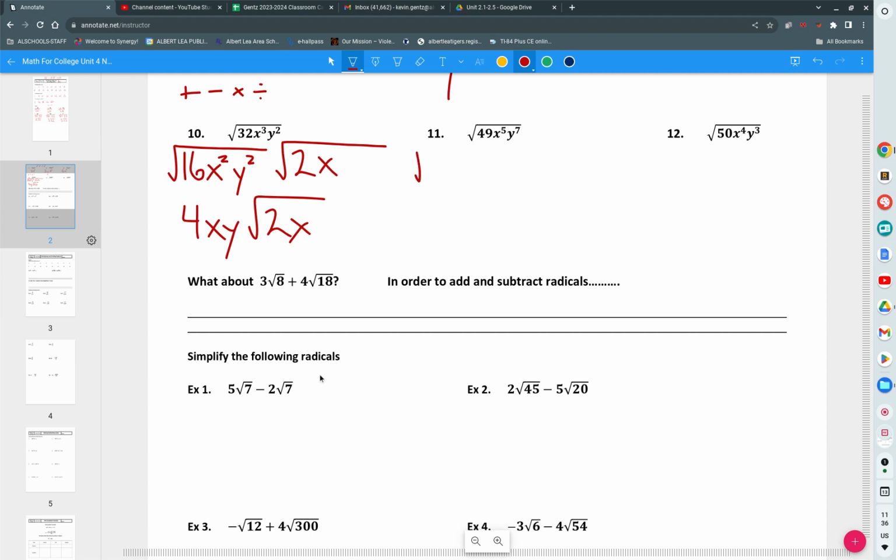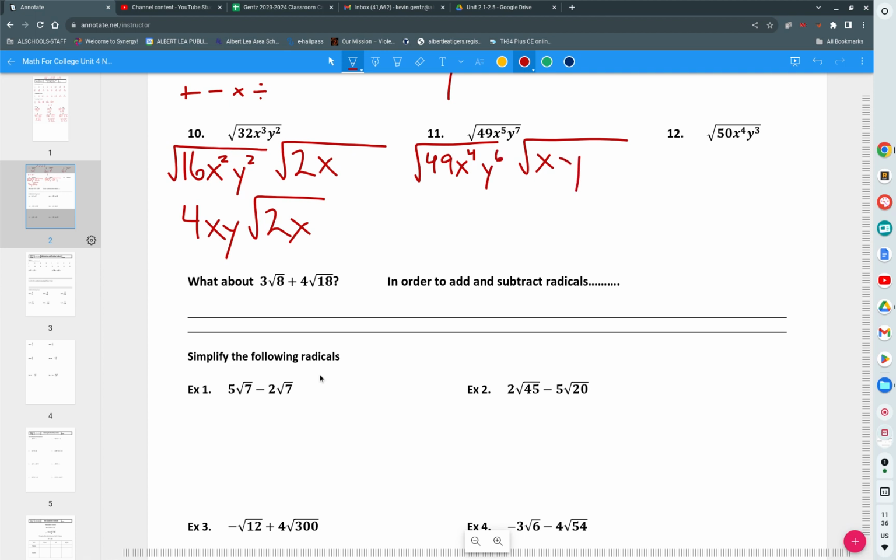Is 49 a perfect square? Yes. So it could go underneath there. Is x to the 5th a perfect square? No, so bring it down to x to the 4th. So you have to put an x over here. Is y to the 7th a perfect square? No. So reduce it to y to the 6th, and then you put a y over there.